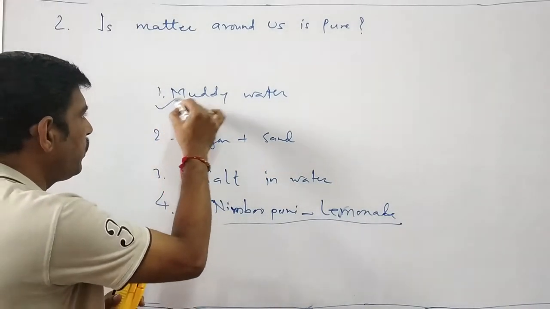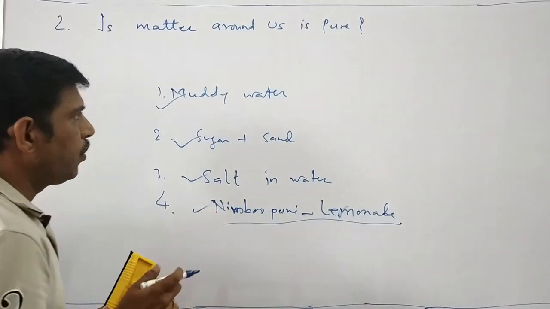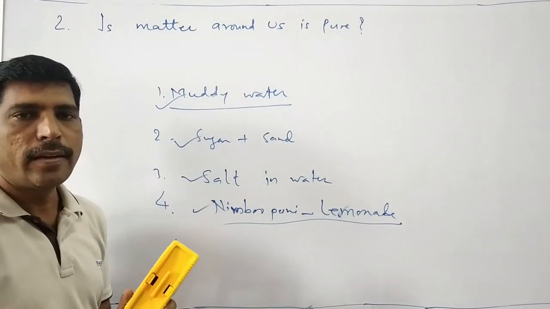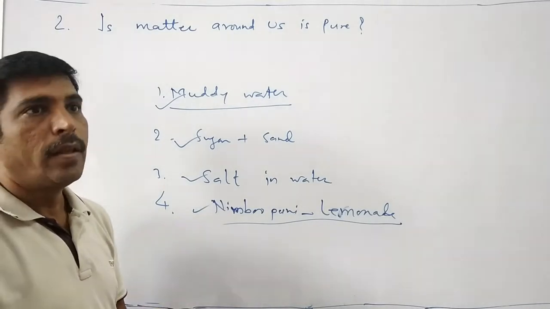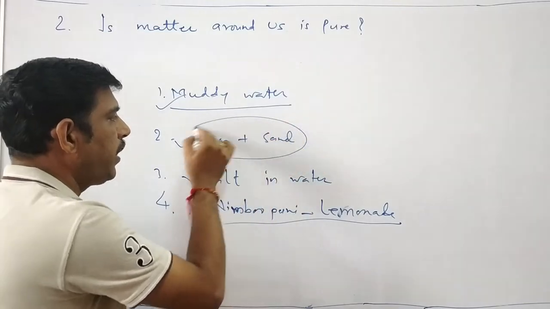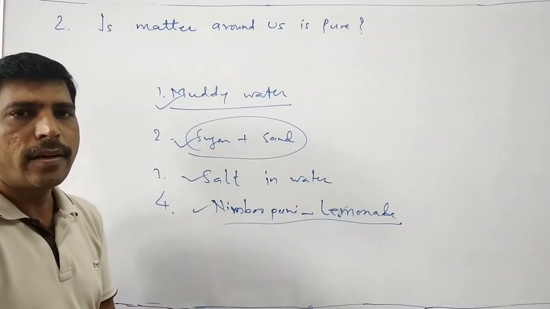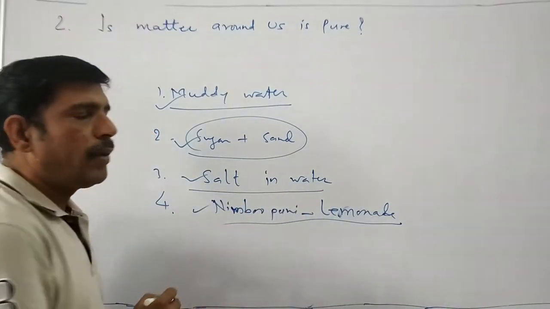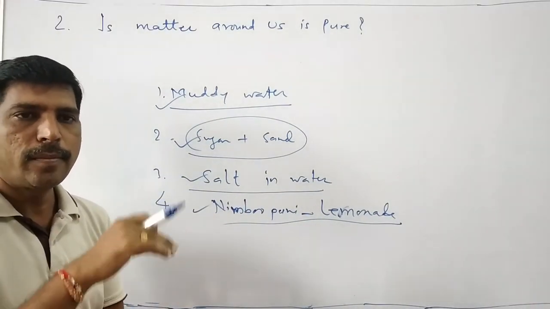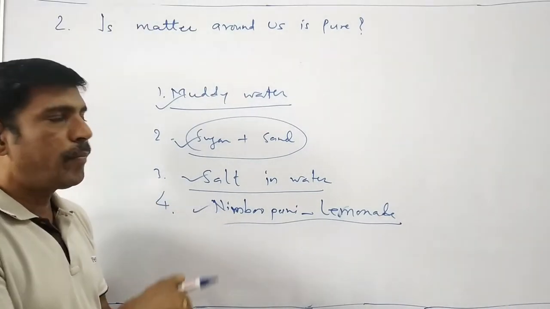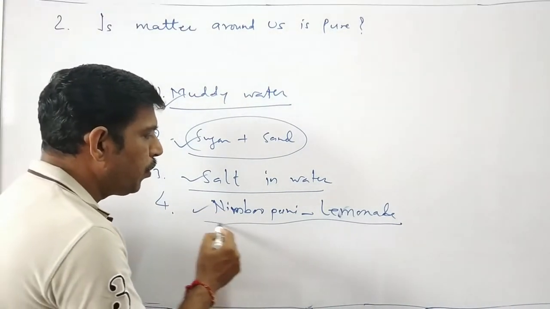If we observe these examples, muddy water does not contain only water, it contains some soil particles and may contain some germs also. The sugar and sand mixture contains sugar particles and sand particles. In salt and water, we cannot see the salt particles when they mix completely.